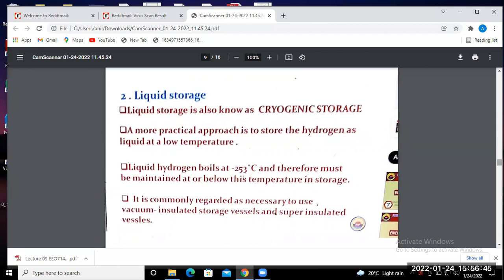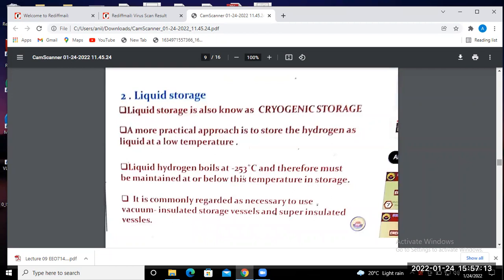One of the key factors if you store hydrogen in liquid form is that it is stored at a low temperature, compared to the gas. Compared to the gas, the liquid form of hydrogen is at a very low temperature.